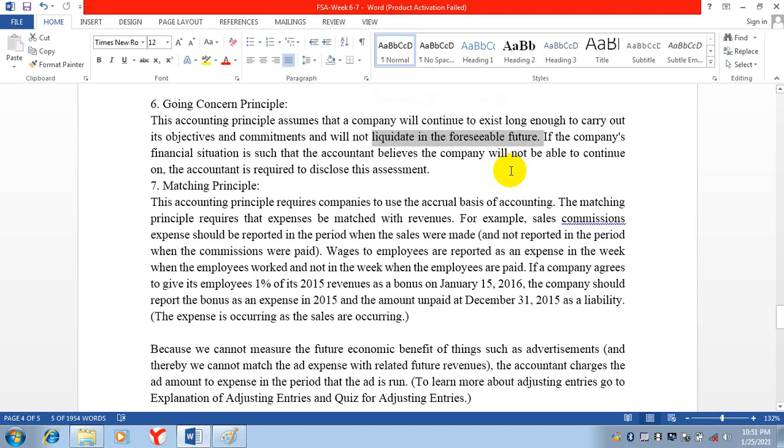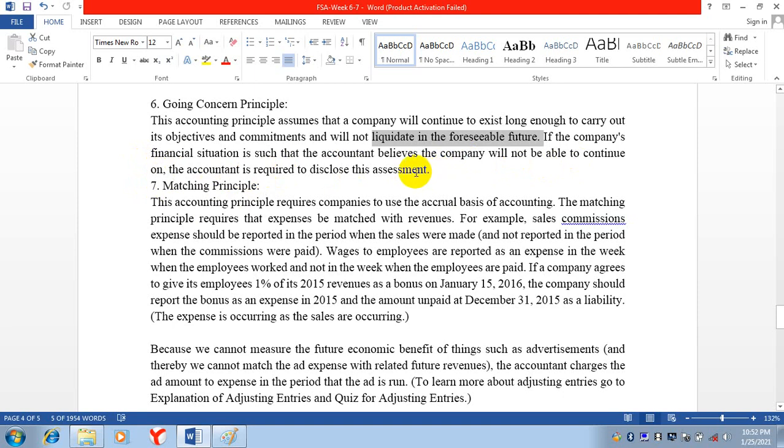If a company's financial situation is such that the accountant believes that the company will not be able to continue on, the accountant is required to disclose this assessment.